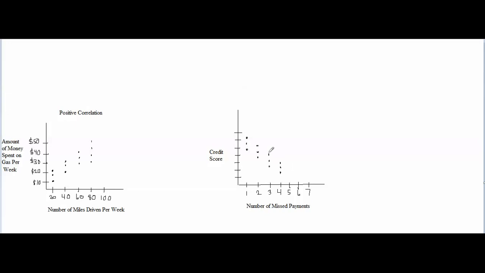So this would be called a negative correlation. This type of shape would be called a negative correlation. If you have a negative correlation, it means as x goes up, y tends to go down.